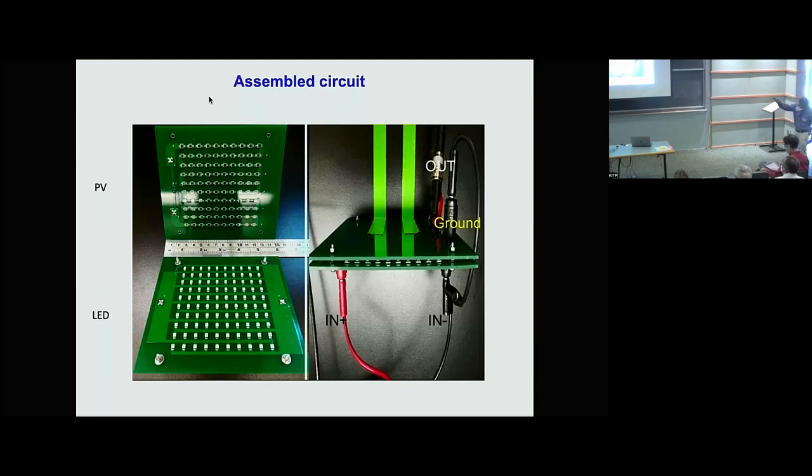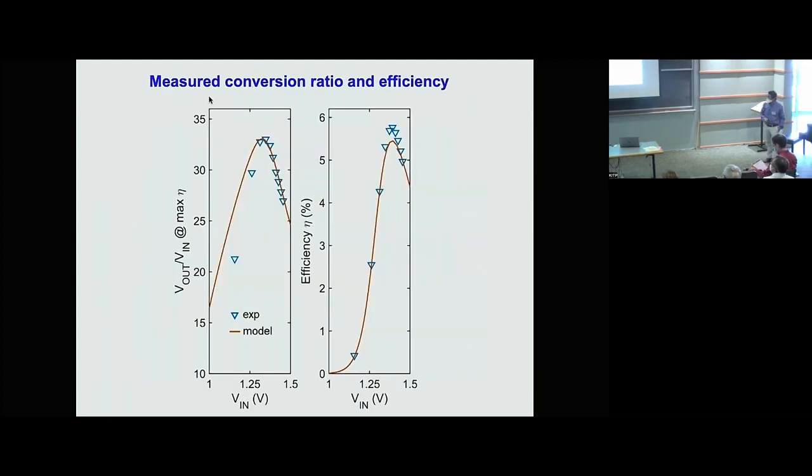And then we have these two printed circuit boards, and we put one on top of the other. So this entire configuration looks something like this. And then we measured it. For 100 photovoltaic cell and LED pairs, we get a voltage transformation enhancement of about 35-fold.